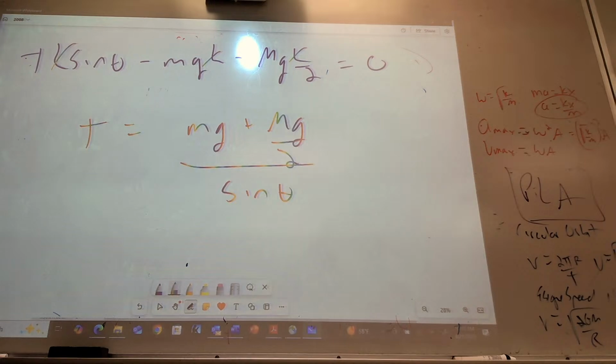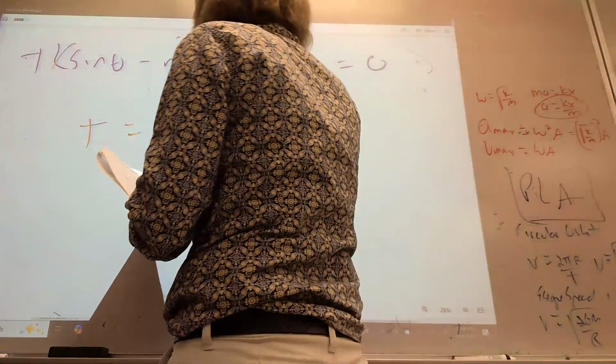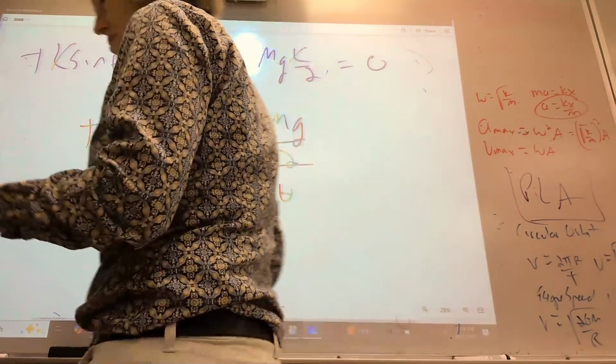So to have your weights, use 0.5 as the kilograms. So you have 0.5, and this one is 2, so 2 divided by 2 cancels.